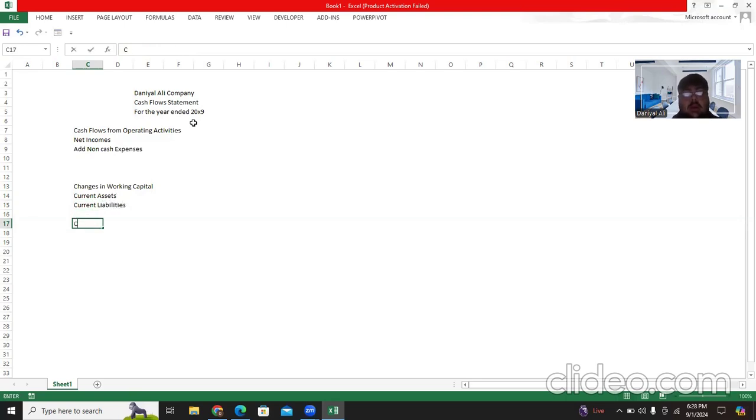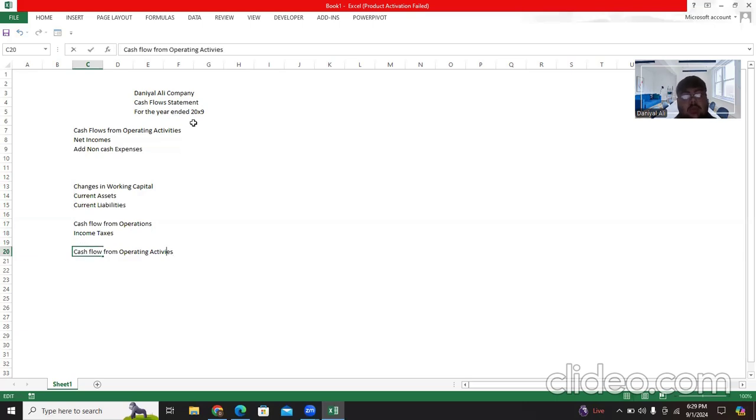Then you get cash flow from operations. You deduct your income taxes and you get cash flow from operating activities.